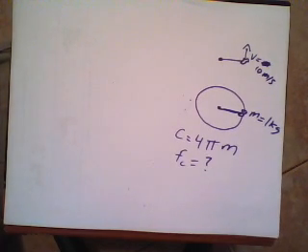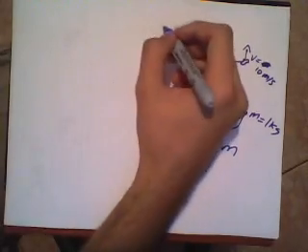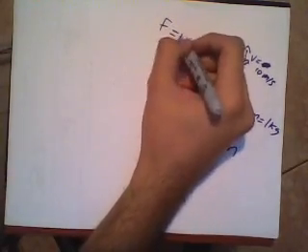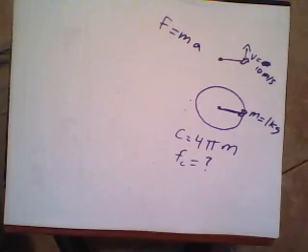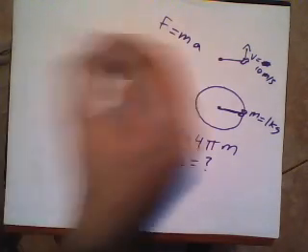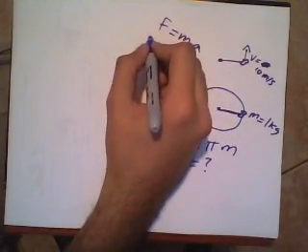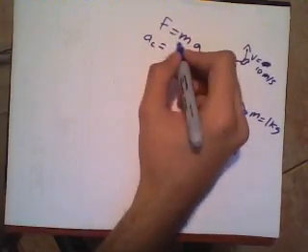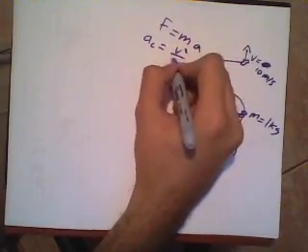Okay? Alright. So let's find the centripetal force. Well, we know force equals mass times acceleration. And we know the centripetal acceleration equals v squared over r.